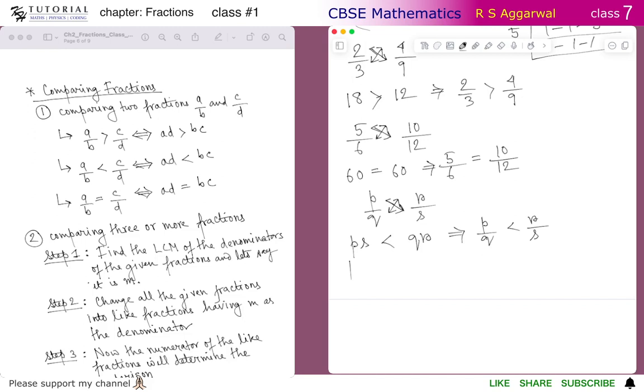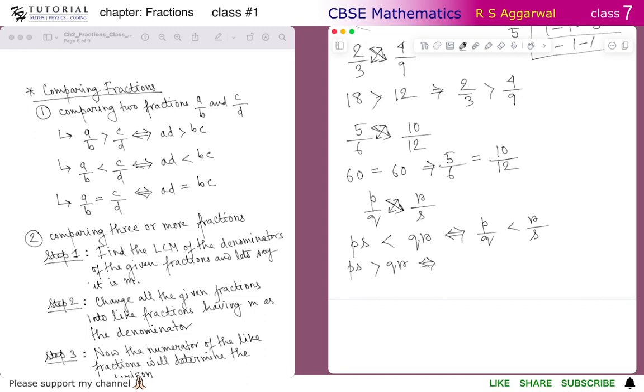If ps is greater than qr, this implies the fraction p by q is greater than r by s. The implication is on both sides, because if ps is less than qr, then the fraction p by q is less than r by s. Also, if the fraction p by q is less than r by s, then it will also imply that ps is less than qr.